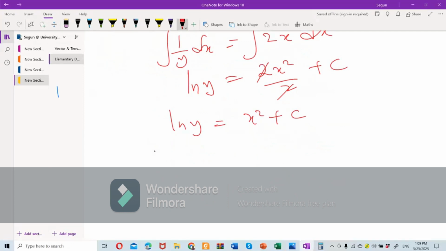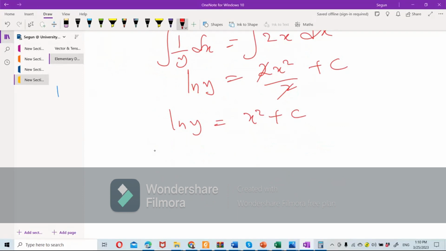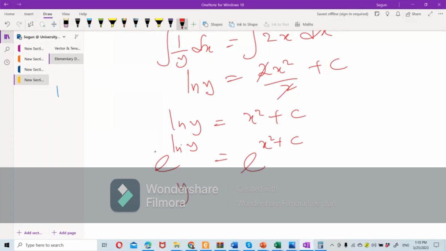Remember, we only need y. The only thing that can separate ln y from y is exponential. So we take exponential of both sides. Exponential of ln y equals exponential of x squared plus c. So y equals exponential x squared dot exponential c. Why the dot?